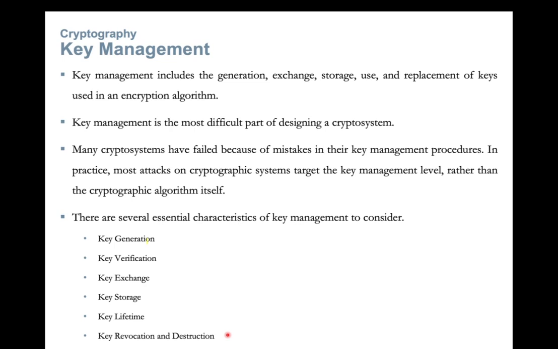The key length is measured in bits, whereas key space is the number of possibilities that a specific key length can generate. So these are two terms used to describe keys.